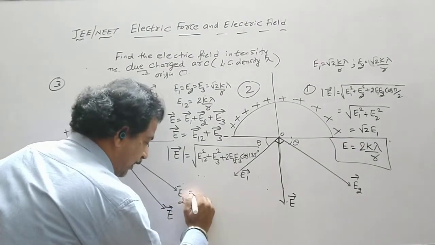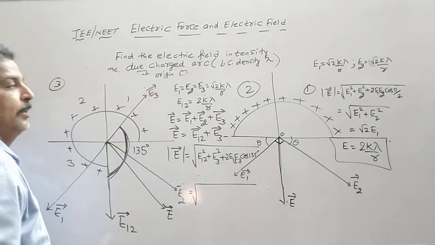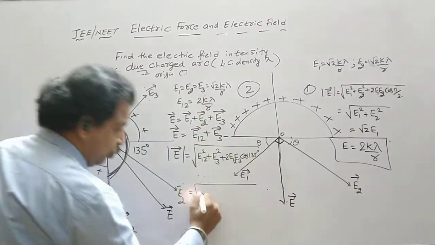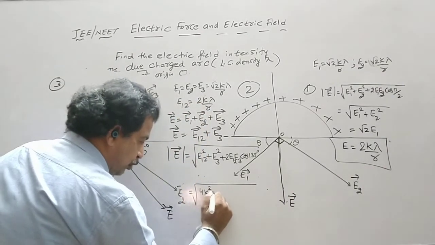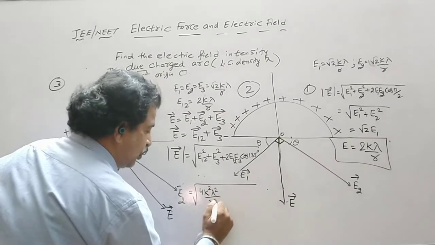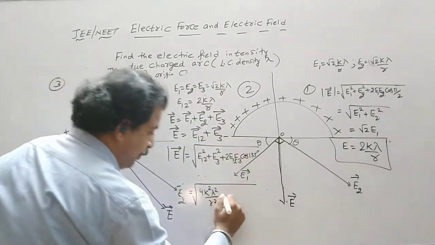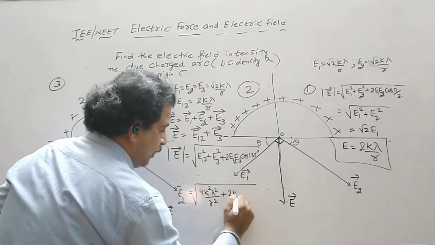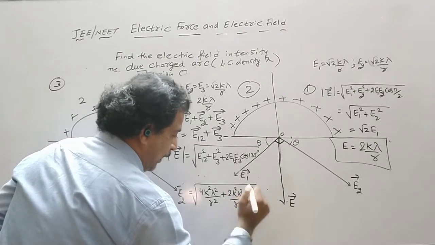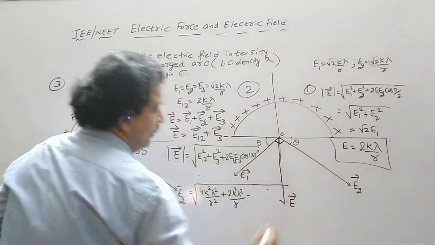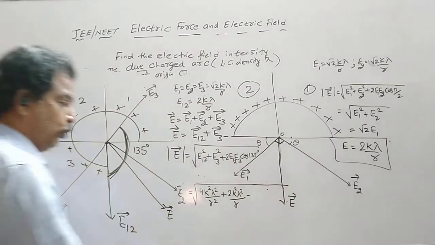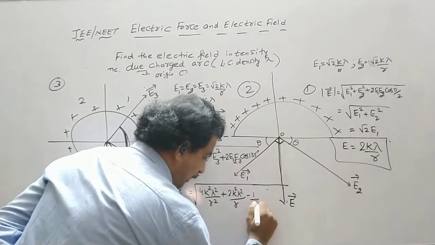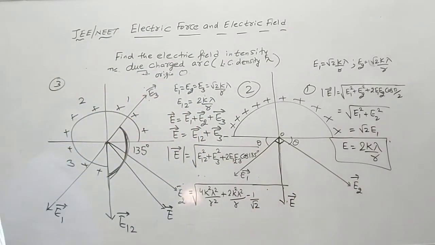So this can be written as under root E12 square, E12 is 2k lambda, so 4 k square lambda square upon r square, plus 2 k square lambda square upon r square, plus 2 times the product with cos 135 being minus 1 by root 2.